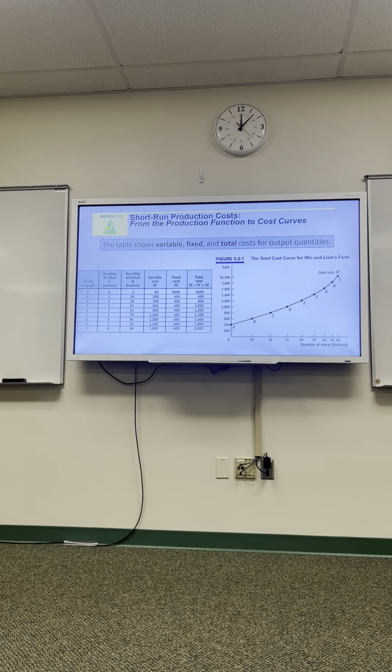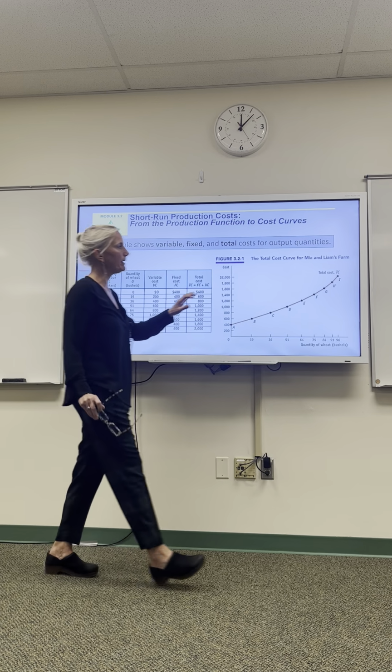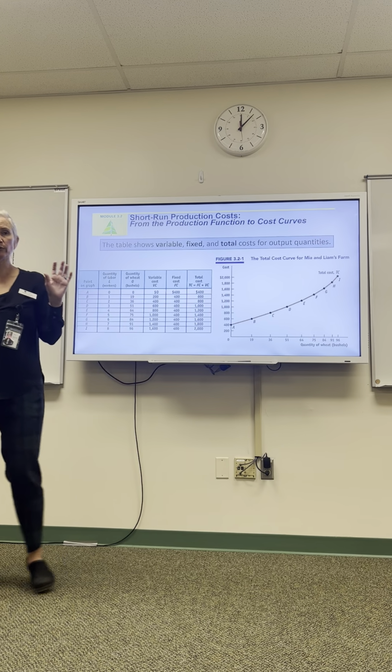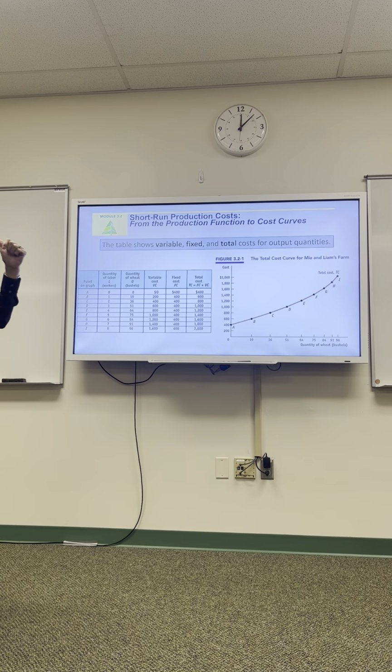I want to say something as well about the total cost curve here. You're only going to see this really once, and then it's going to go away, okay? So this is for illustrative purposes only. It's not going to be one of the cost curves that you need to worry about memorizing and being able to draw.